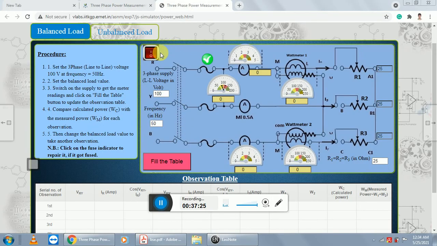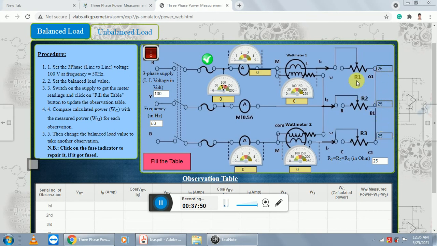Okay, so this is our circuit diagram for the 2 wattmeter method to calculate 3-phase power measurement. So in this case, this is your balanced load case. So this is R1, R2 and R3. All impedances have the same resistance value, 25, 25, 25.